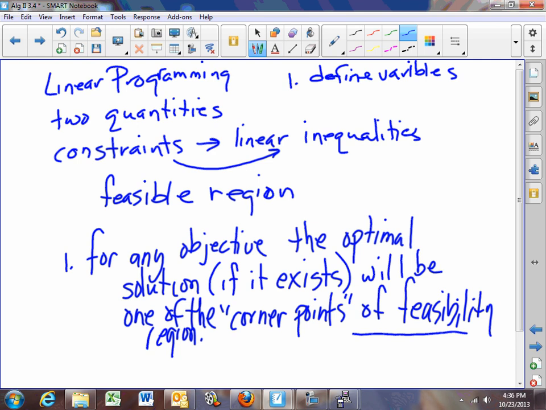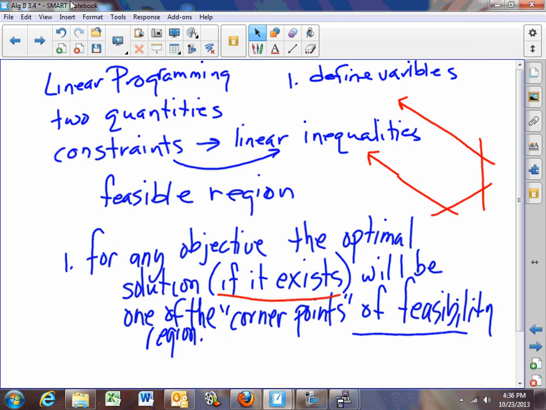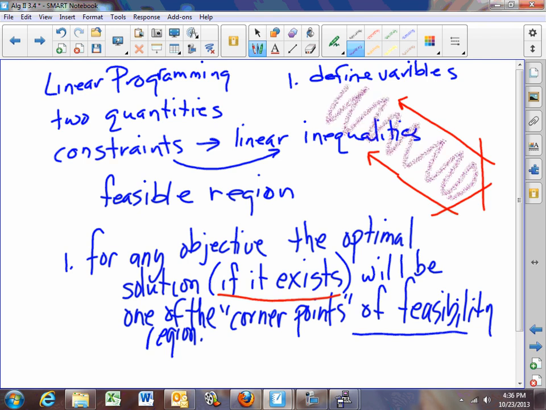Now let's spend just a moment looking at this if it exists. How could an optimal solution not exist? Well, it's really pretty easy. If you have a feasibility region, and I'm just going to graph something here. Let's say you have a feasibility region like this, and the area of the solution set is this part right here, and it keeps on going in that particular direction.